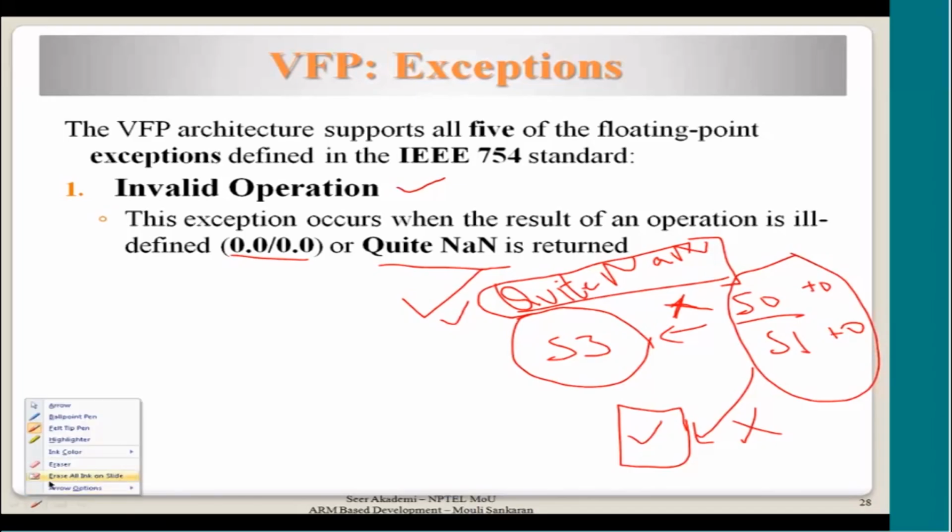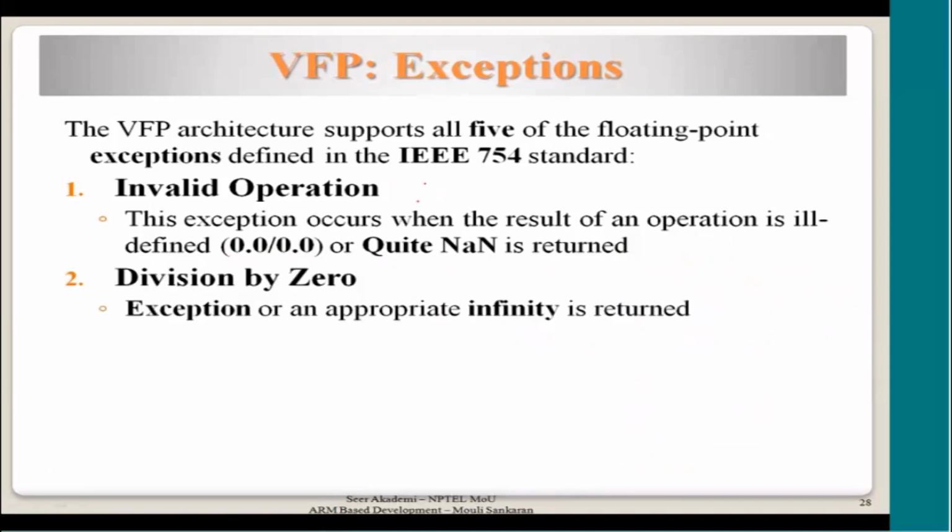IEEE says that either you do this or you do this. So when we have a VFP with a support code, you can decide whether an exception has to be given, or you just fill in the quiet NaN and go ahead and execute the next instruction. For division by 0, two options are there.